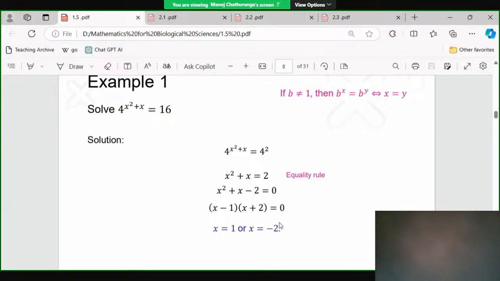And if you substitute back, for example, if you set x equals 1, in the initial equation, on the left-hand side you get 4 to the power 2 equals 16. That is okay. And if you set x equals minus 2, the square is 4, and 4 minus 2 is again 2. Again, you get the same equation. So both of these solutions satisfy the actual initial equation. So both are actually solutions.